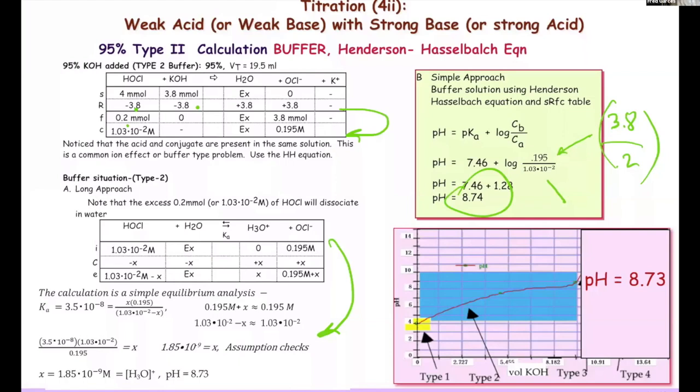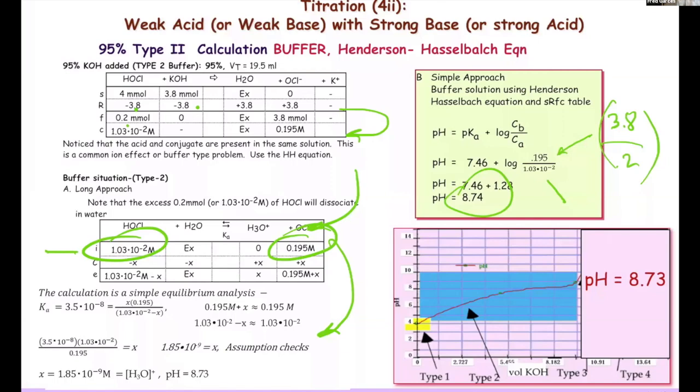Once we get into our equilibrium table, our ice table, you have in the initial line both chemicals present. That is a common ion problem. A common ion problem is a buffer problem. Common ion and buffers are going to be the same. Common ion would be the generic umbrella term. Buffers are for acid-base chemistry.